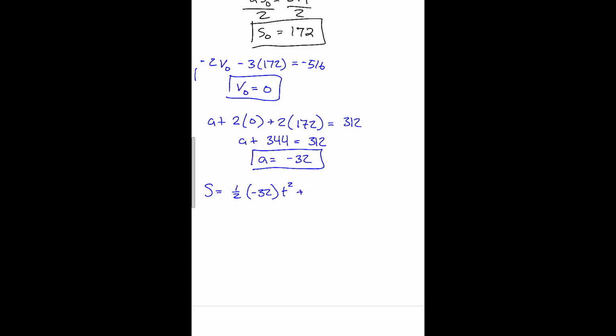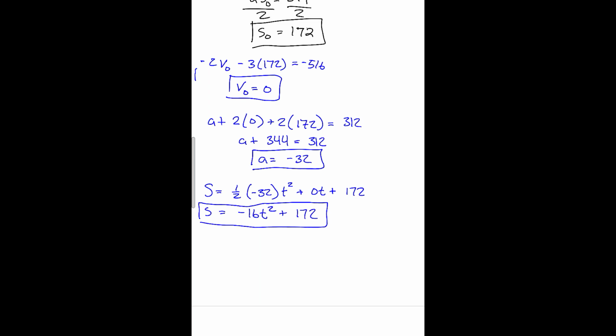Plus v naught t, and v naught was 0, so that would be 0t. Plus s naught, which in our problem was 172. When we simplify, 1/2 times negative 32 gives us negative 16 t squared plus 172. This is our general position function for our problem.